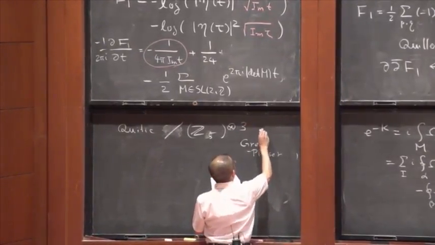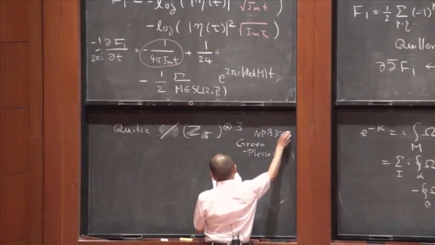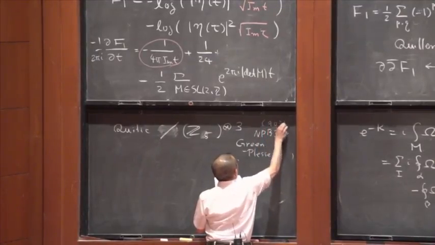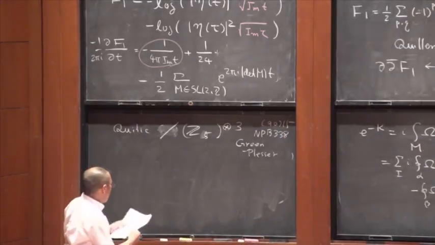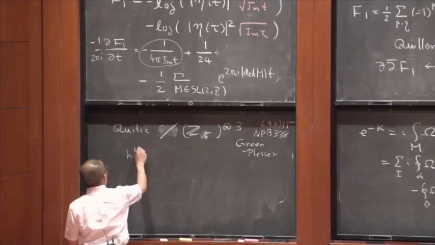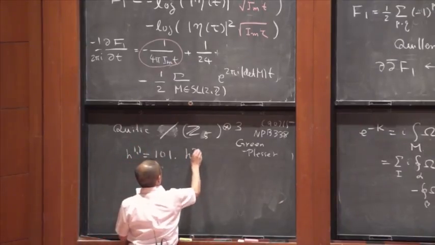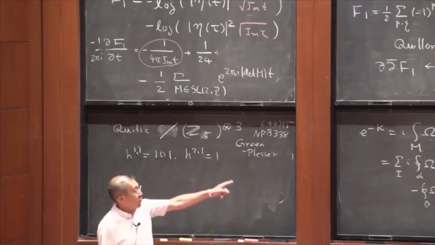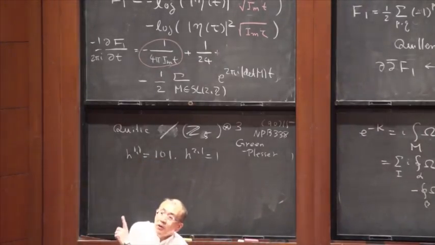And you can look at that in Nuclear Physics B338, 15. And so this exactly gives you a manifold with h11 equal to 101 and h21 equal to 1. So the roles of h11 and h21 are reversed. So A model and B model are reversed.